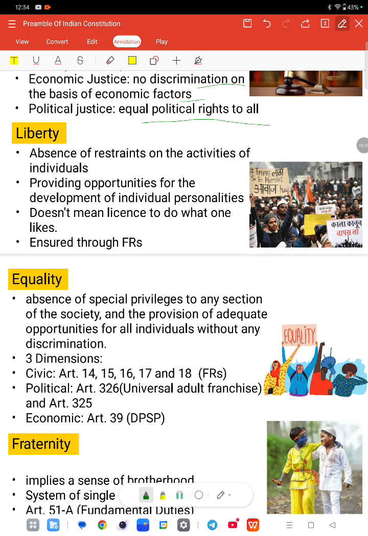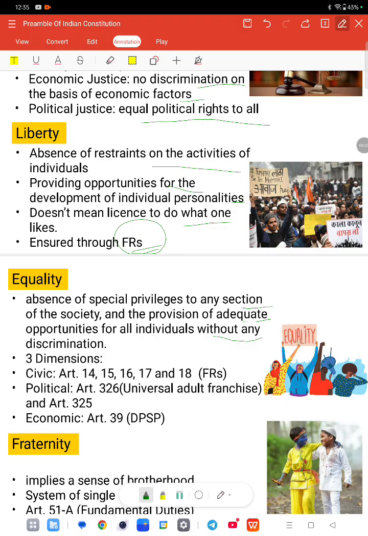Liberty means absence of restraint on the activities of the individual, providing opportunities for the development of individual personalities. It doesn't mean license to do what one likes. It is ensured by fundamental rights. Equality means absence of special privileges to any section of society and the provision of adequate opportunities for all individuals without any discrimination.